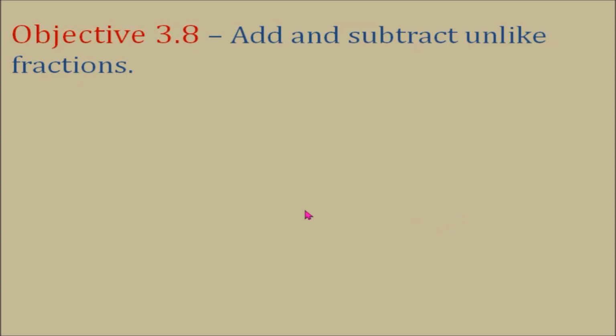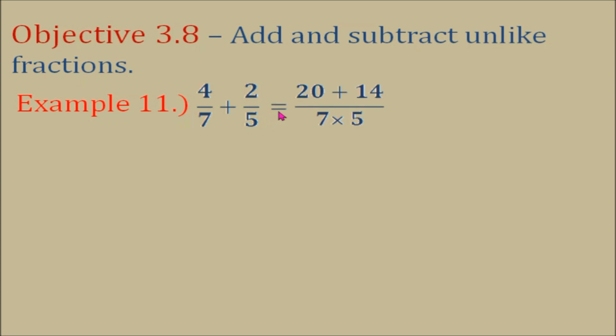Objective number 8, add and subtract unlike fractions. Example number 11. 4 over 7 plus 2 over 5. So here, our denominators are 7 and 5. And these denominators have no common factor. So if that would be the case, we will just do like this.